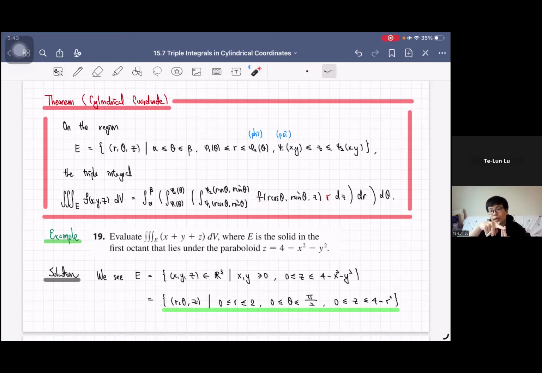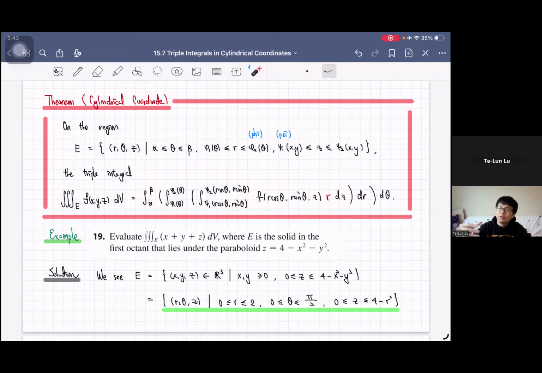The second thing is to change the domain or the boundary, into something in terms of r, theta, and z, or whatever coordinate you're choosing. The third thing is also important. It's the so-called Jacobian. We haven't formally defined this term yet. We'll be defining it in 15.9, but it is basically a term in addition to the coordinate system that you're choosing.